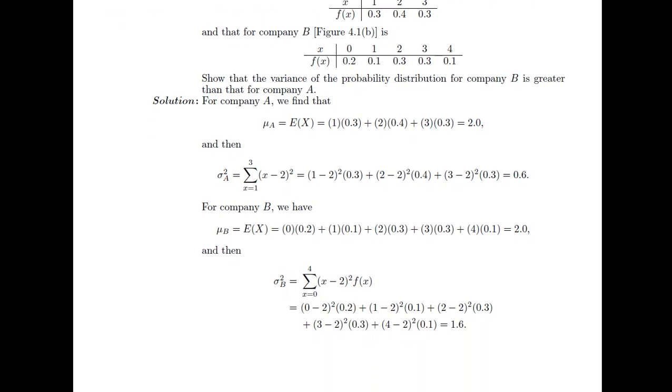The solution: for company A, we define mu A equal expected value of X equal 2, and then sigma square for A equal 0.6. For company B, we have mu B equal expected value of X equal 2, and then sigma square for B equal 1.6.